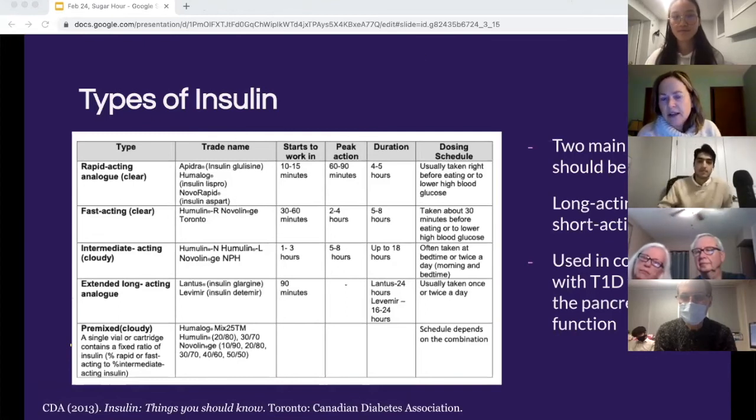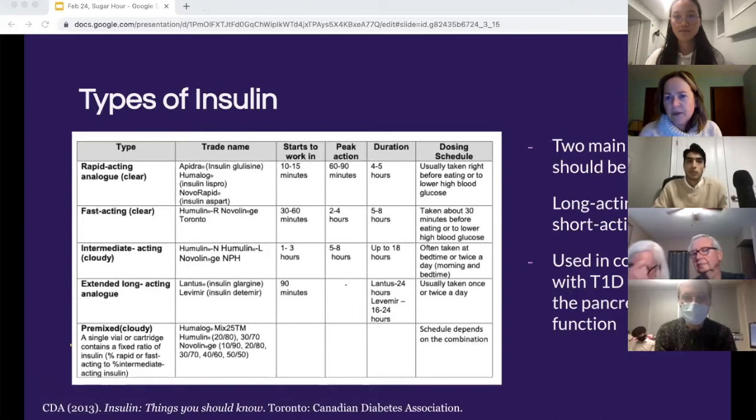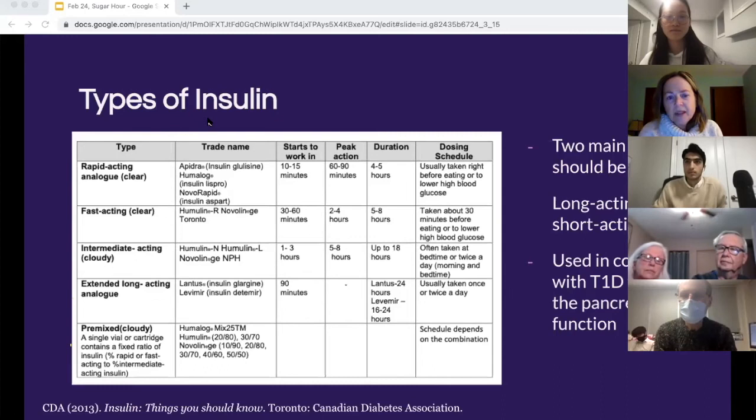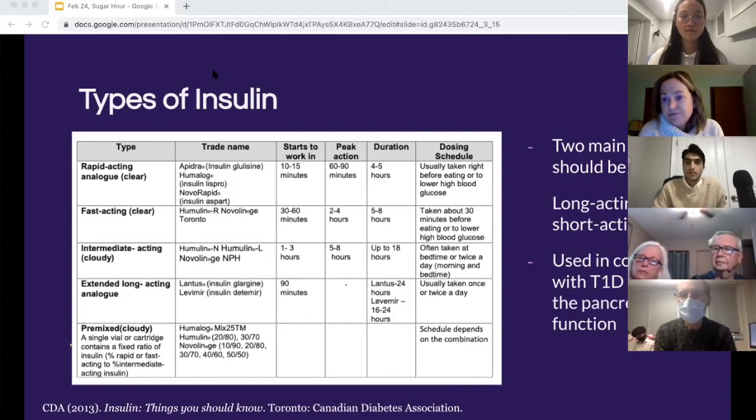So these long-acting insulins are really good because you can take them at night and they work overnight to counteract what the liver's doing, so that you wake up in the morning with a good blood sugar. And then the fast-acting insulins, as Adam said, we use those to cover the carbohydrate at a meal.